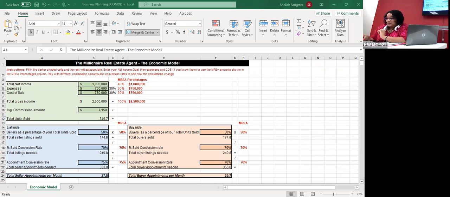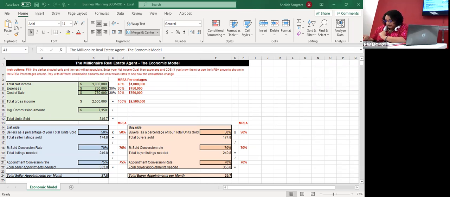I would say that because there's such a listing shortage right now, I'm not sure 50-50 is the proper estimate. So I would say more like 60-40. And then you're going to use estimates of MRE examples for each conversion rate. And they want you to use those estimates in the book because they are proven.